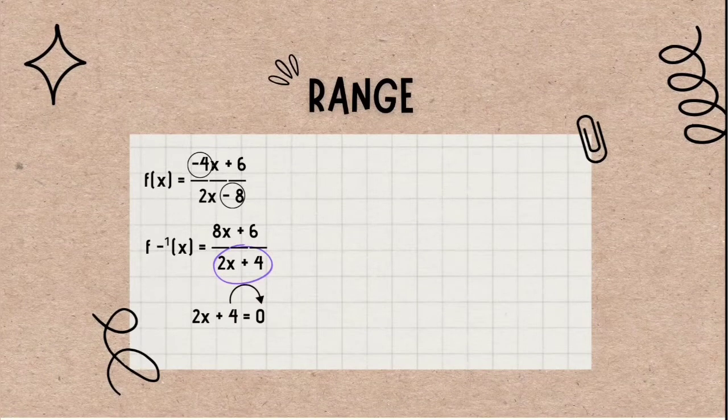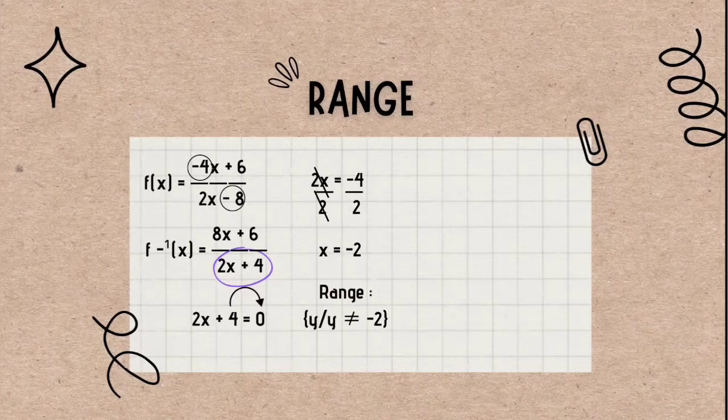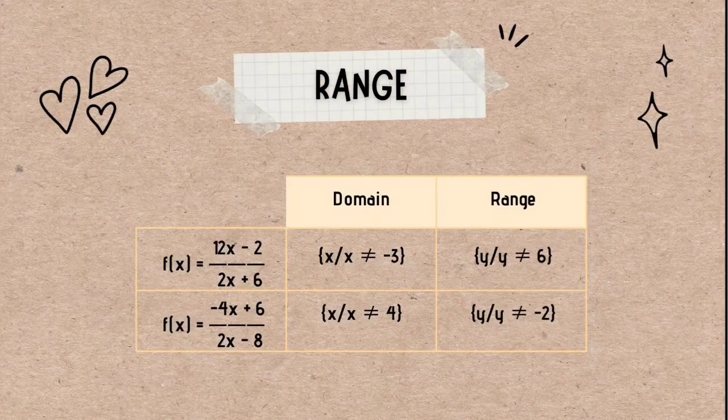Ililipat ulit natin sa right side ang positive 4. 2x equals negative 4. So, let's solve for x. 2x divided by 2 is, let's cancel this out. Ang matitira na lang ay x. Negative 4 divided by 2, sagot ay negative 2. So, x equals negative 2. Pero, isusulat ulit natin siya sa notational form. Yan. So, yan ang sagot.